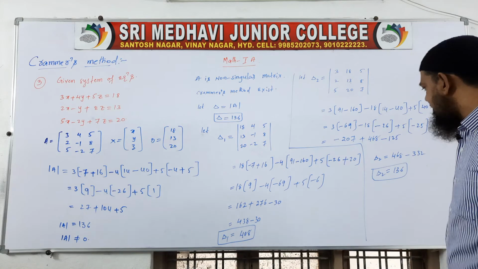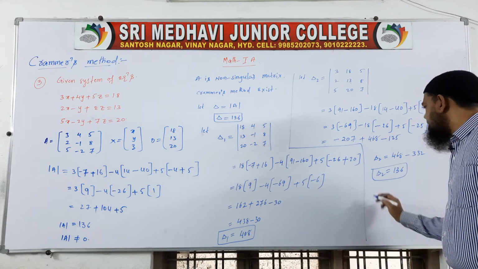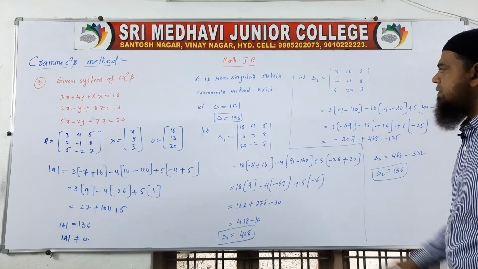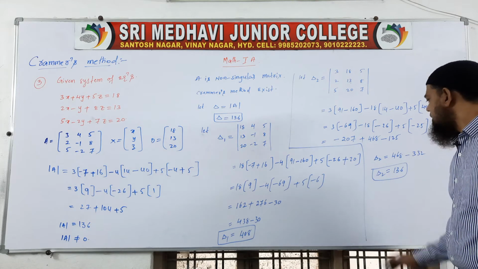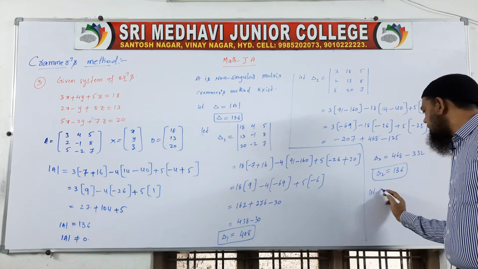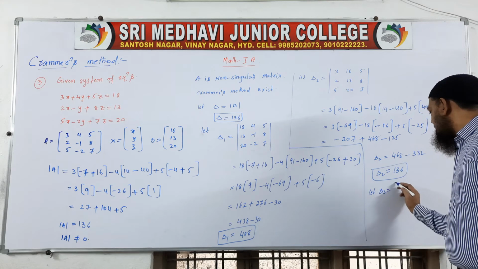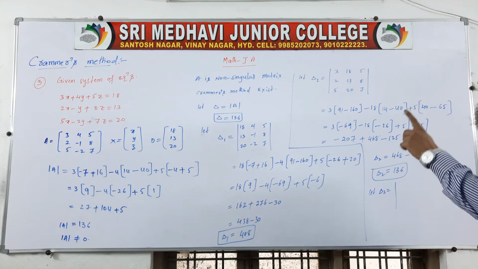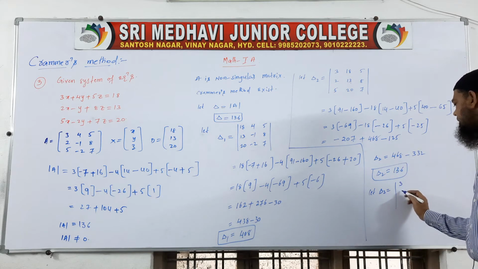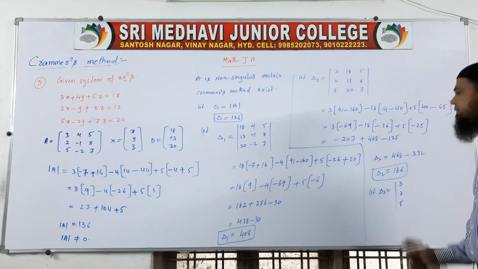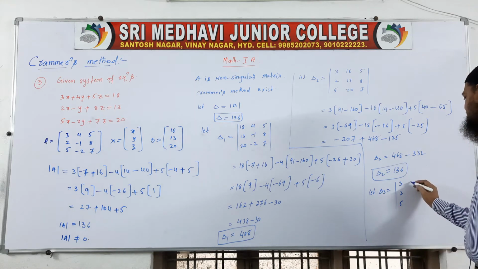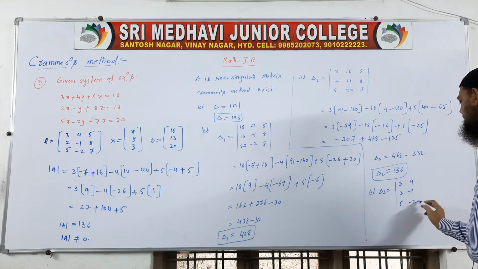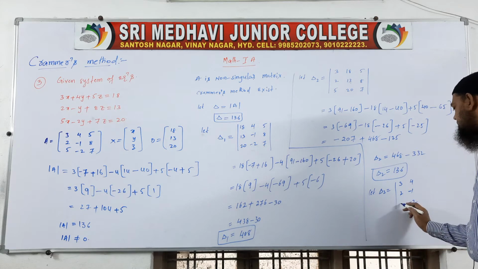We have to find delta 3. First you note down all the things. I'll tell you how to find the delta. Here I am writing, let delta 3 is equal to modulus determinant. 3 2 5 is as it is. The next number is what? 4 minus 1 minus 2. This is also as it is.